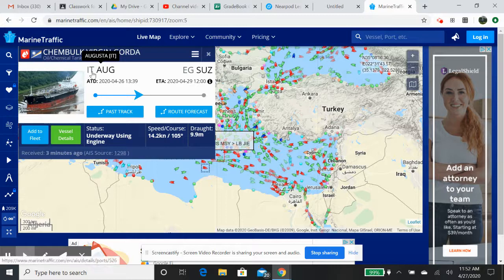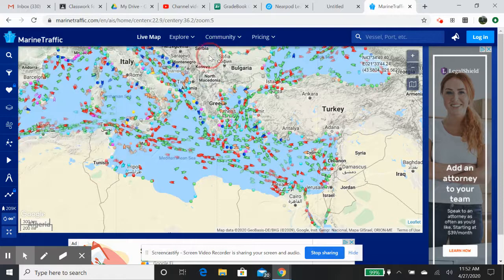Where it came from and where it's going. And you can see when it left and when the estimated arrival time is. You've got a picture of it, their status, their name, and that they are an oil or chemical tanker.